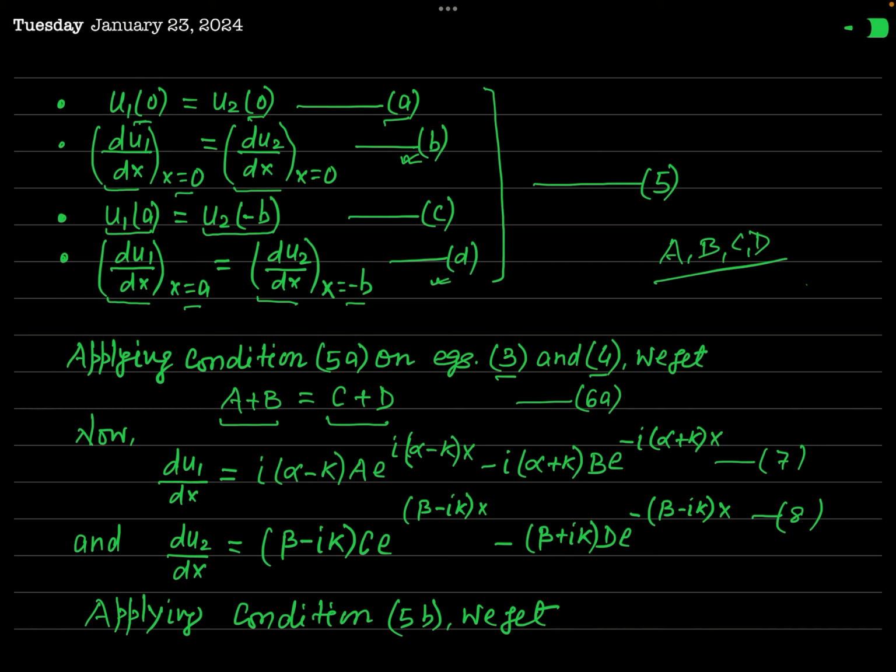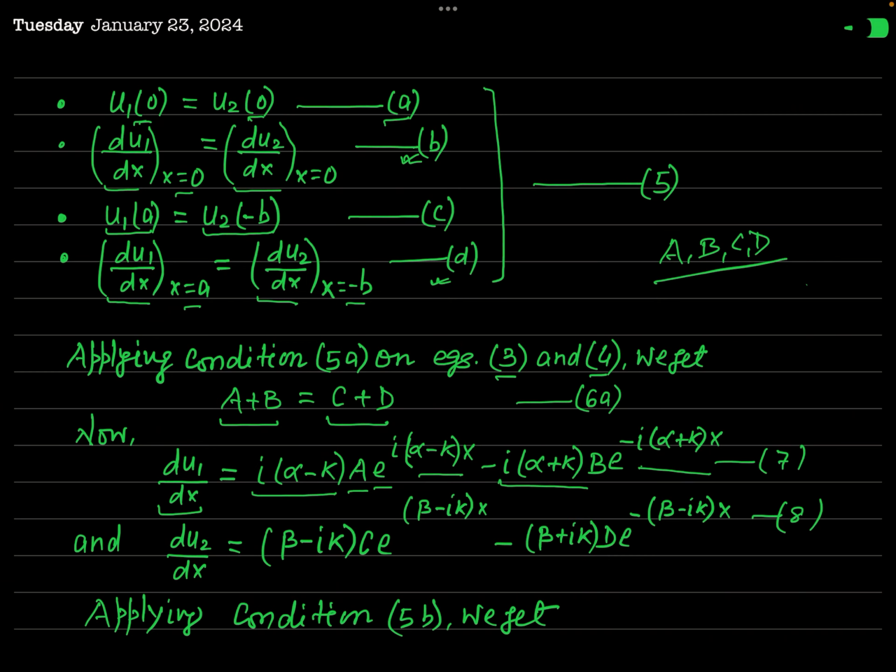This is a very simple differentiation, so you can see I have written here and you can check it. So du1 by dx will be equal to i times (alpha minus k) times A times e to the power i(alpha minus k)x, minus i times (alpha plus k) B times e to the power minus i(alpha plus k)x.